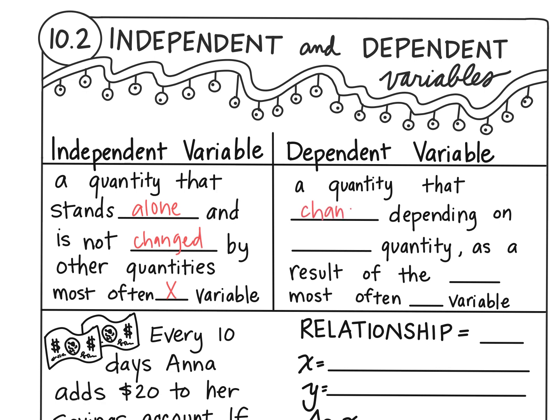It's a dependent clause. Depending on another quantity. So there is something else that's causing it to change. Something else is happening, and when that happens, your dependent variable is changing as a result of the rule, most often known as your Y variable.